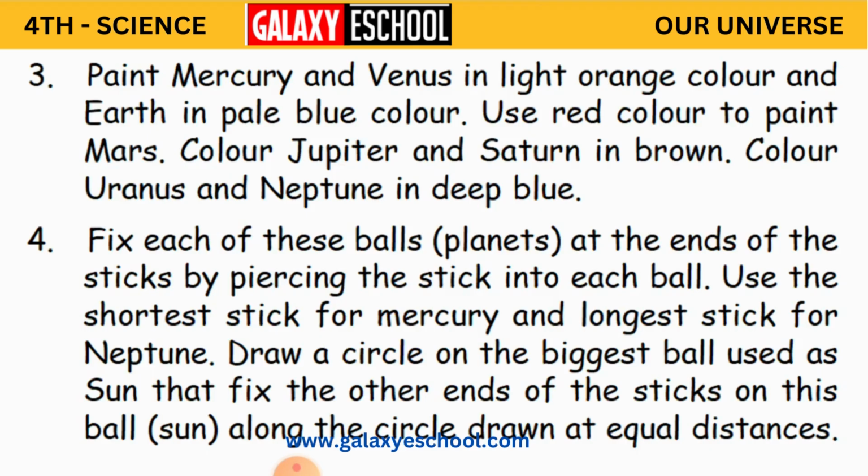You can see the planets. According to that, you can color it. Here also we have given you the colors. You can color it according to that. Then you can fix all these balls by piercing a stick into each ball. At the end you can draw a circle on the biggest ball, which is used as the sun, and fix the other ends of the sticks on this ball, which is the sun, along the circle, drawn at equal distances.